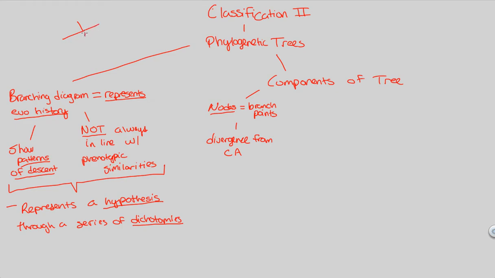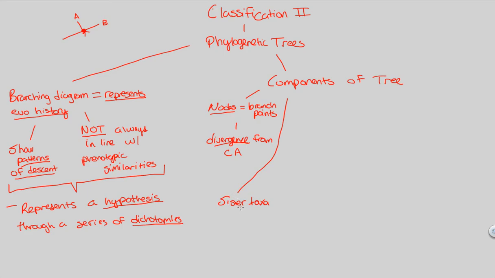Right over here is our common ancestor, but then we have this node that I'm bolding right over here, and that's showing a divergence of species A versus species B, which shared this common ancestor at this point in time. The divergence itself, the bolded area right here, is our node or our branch point. In addition, another important component of these phylogenetic trees are the establishment and understanding of sister taxa.